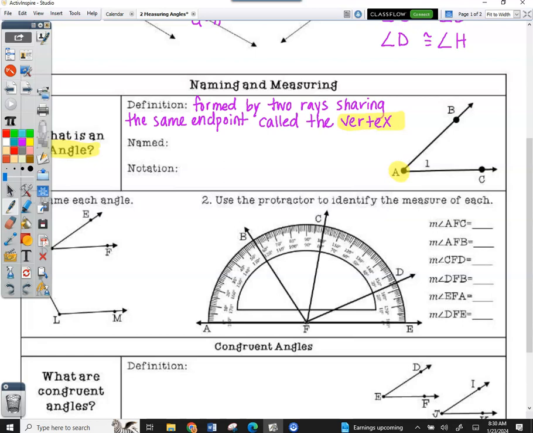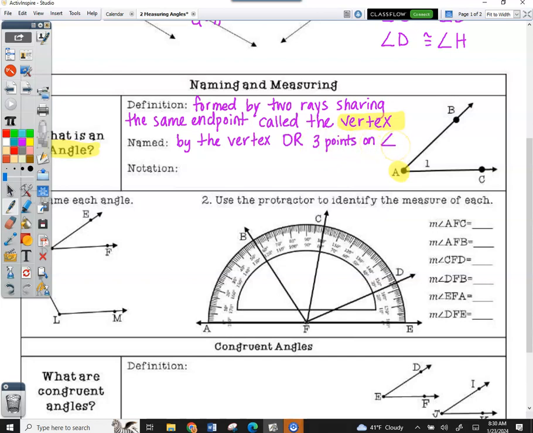There are several ways to name an angle. You can name it, it says right here, how do you name it? By the vertex. That's one way, which is what we did at the top of the paper. I'm going to write in all capital letters to say, or 3 points on the angle.